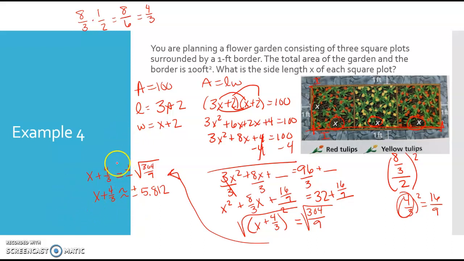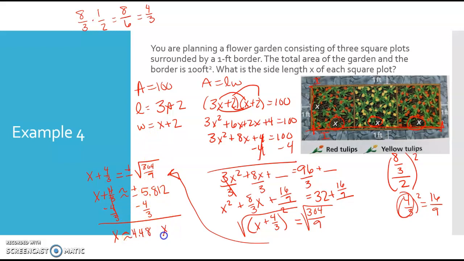And so then I'm going to subtract 4/3 from both sides. You can write it as two separate equations, but I have x is approximately, right? If I do 5.812 minus 4/3, I end up with 4.48.